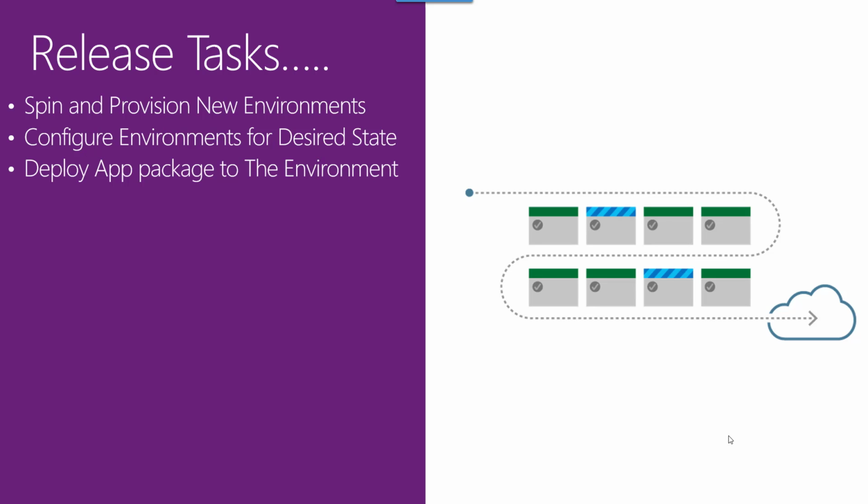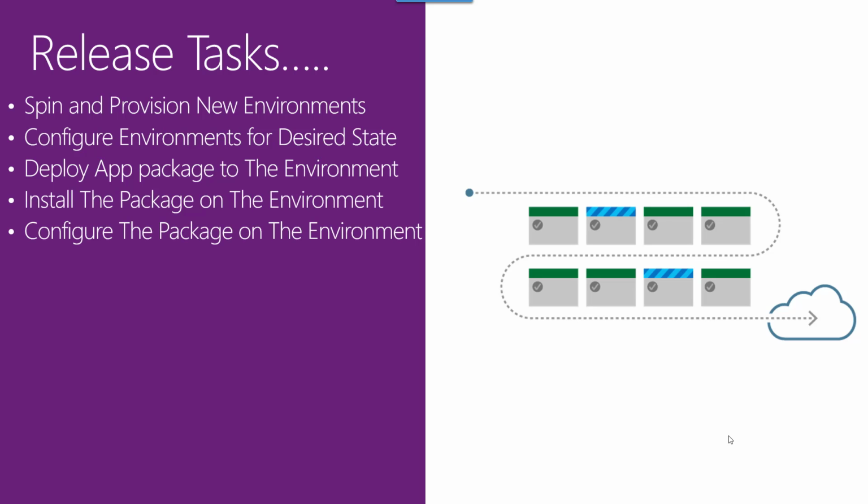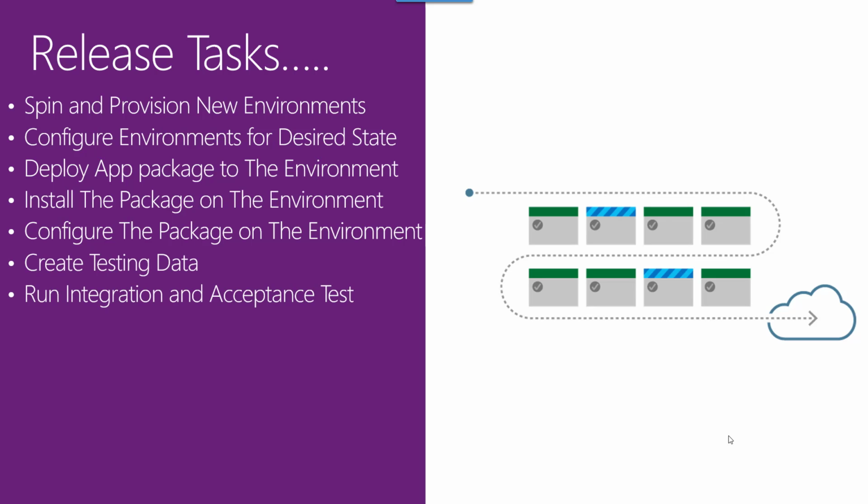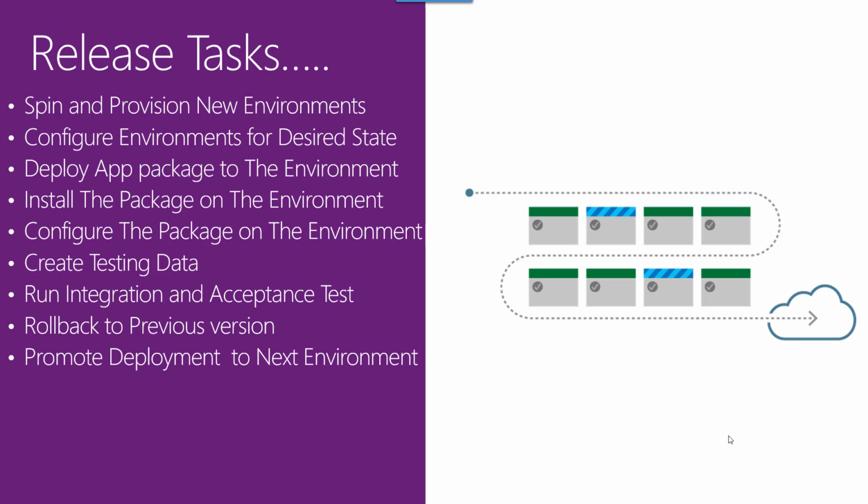Then pick up the package and start deploying to the environment. Install the package on the environment, configure the package or the application on the environment. Create testing data, run integration and acceptance tests, roll back to the previous version if needed, promote deployment to the next environment, move the database from production to pre-production in cases where we want.